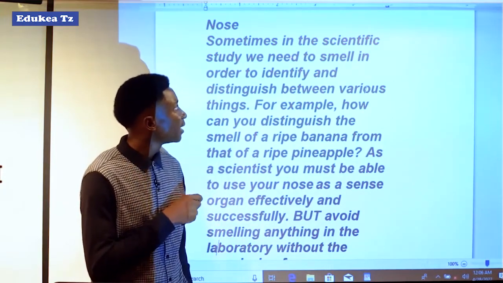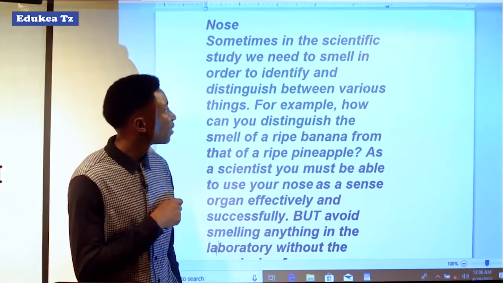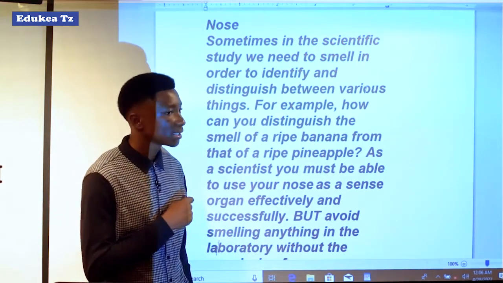Sometimes in scientific study we need to smell in order to identify and distinguish between various things.